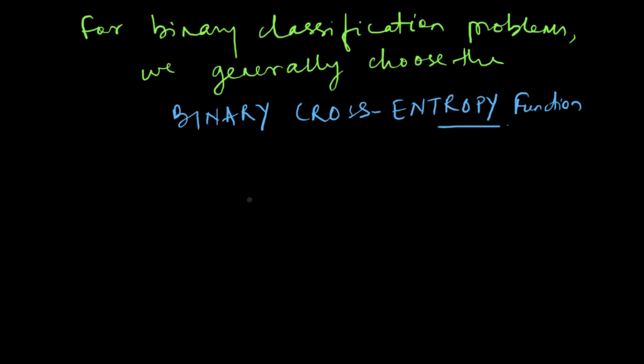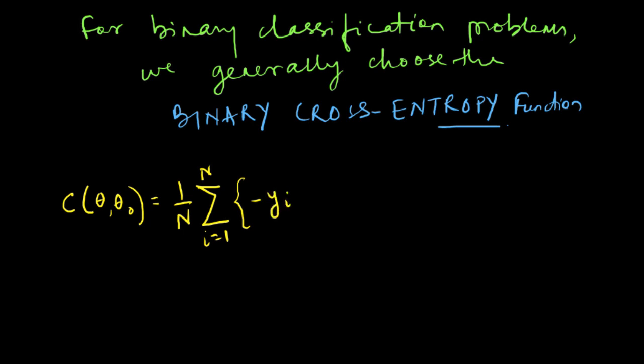So what is this binary cross entropy function? It is given by, so our C, the cost function as a function of the parameter values, is equal to 1 by n summation i equals 1 to n of minus yi log of hi minus (1 minus yi) into log of 1 minus hi.